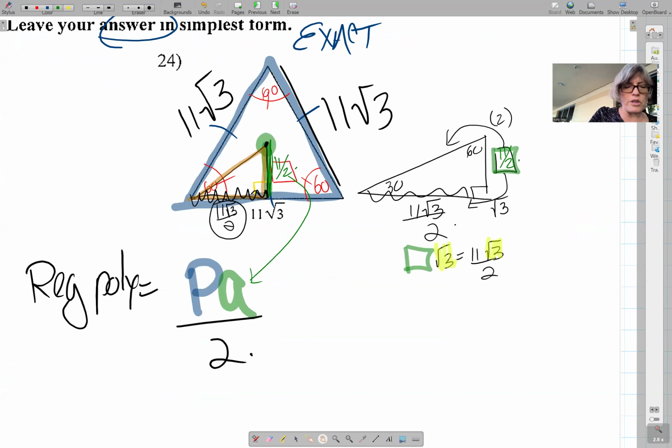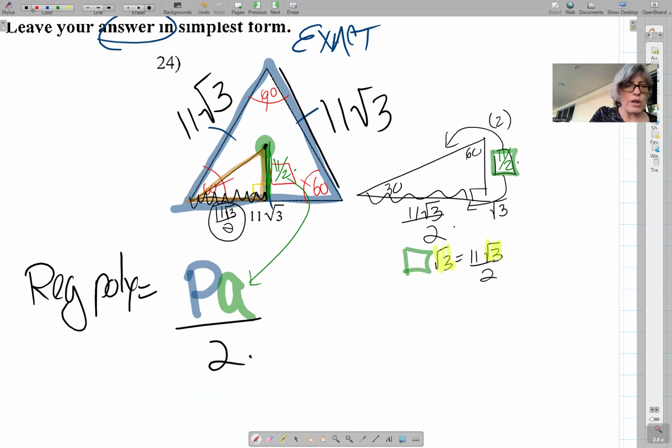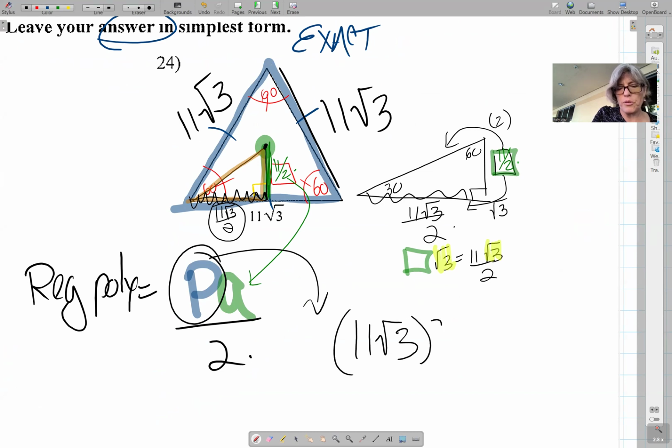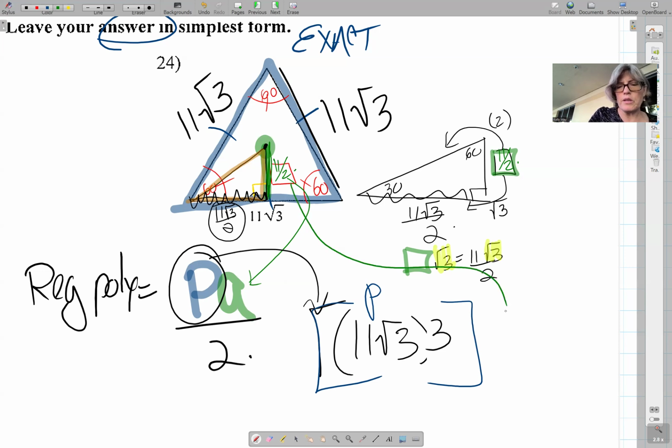Don't be afraid of the fractions. They're not going to eat you alive. Our perimeter is going to be 11 root 3 times 3, of course. All of that is just your perimeter. Your apothem is 11 over 2. And the whole thing is over 2.